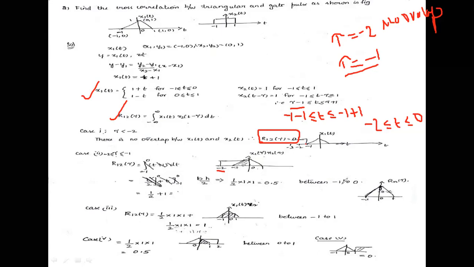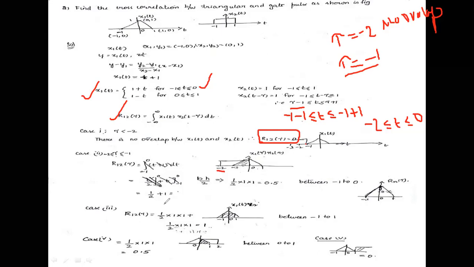In between minus 1 to 1 only, the slope equation you can write as minus 1 to 0. For the minus 1 to 0 value, it becomes 1 by 2 into 1 into 1, that is 0.5.